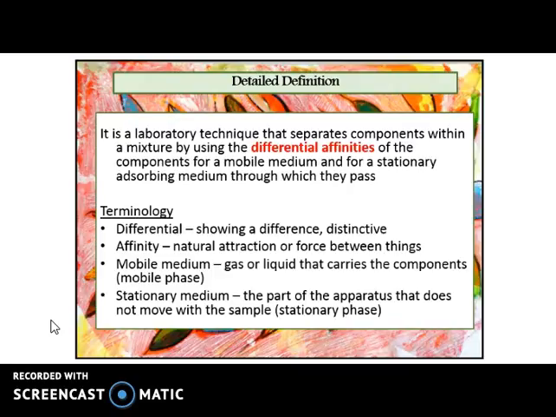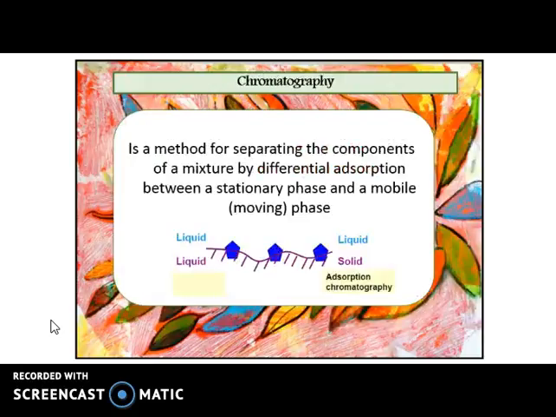Due to this differential affinity, that is why separation can happen. So what happens on your paper the other day is the mixture has a differential absorption between the stationary phase, your paper, and also the mobile or the moving phase. So that is also called adsorption chromatography.